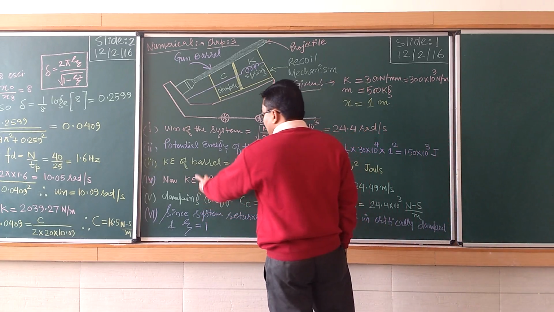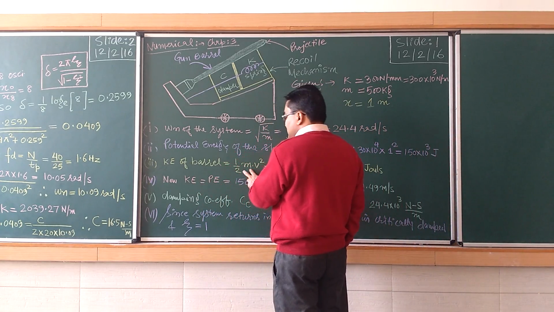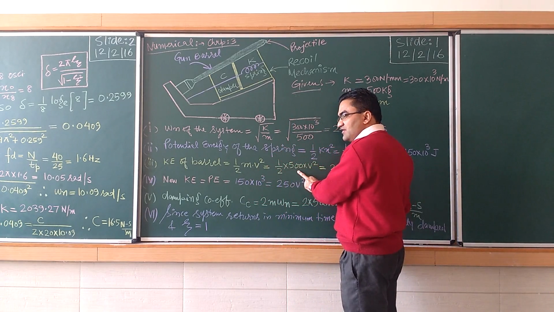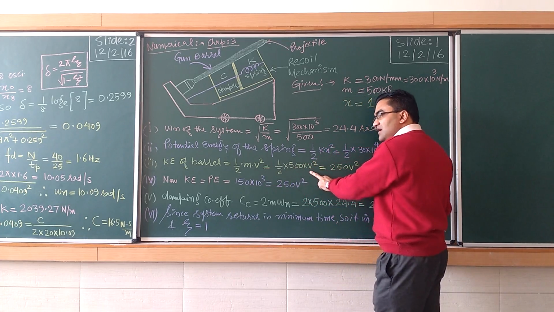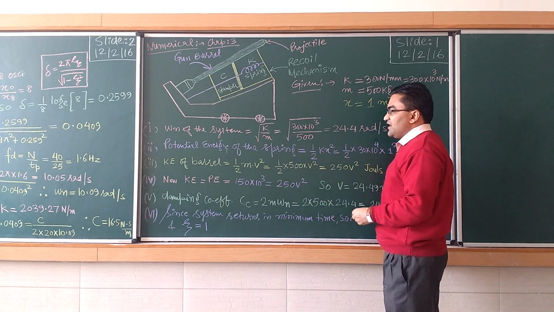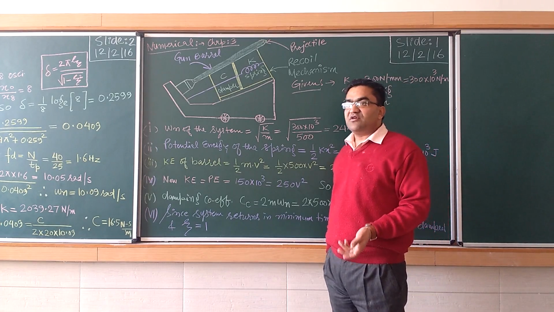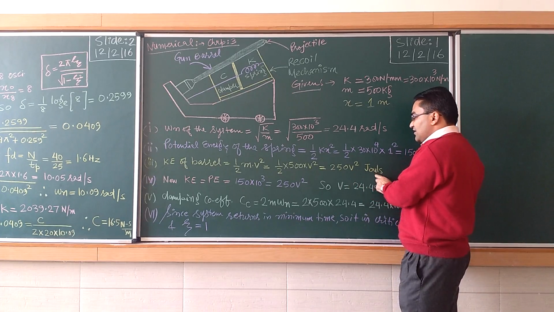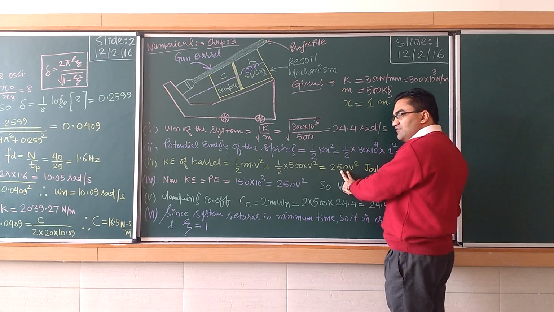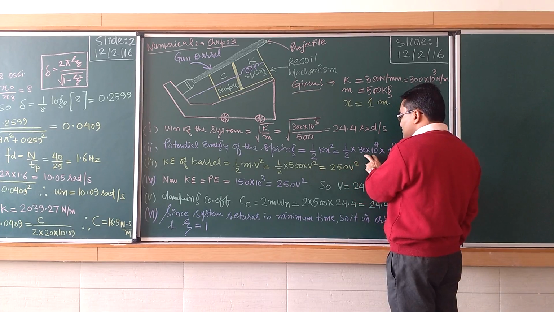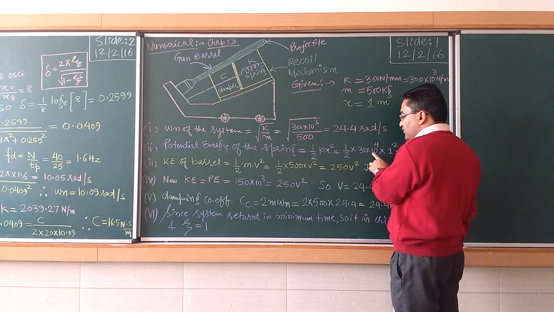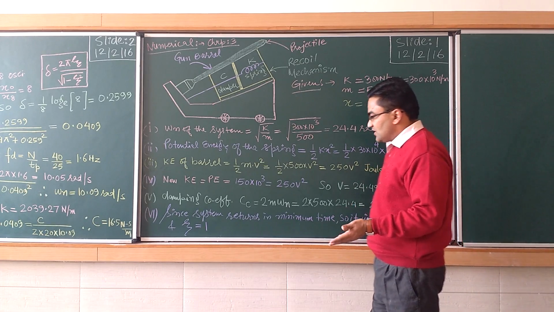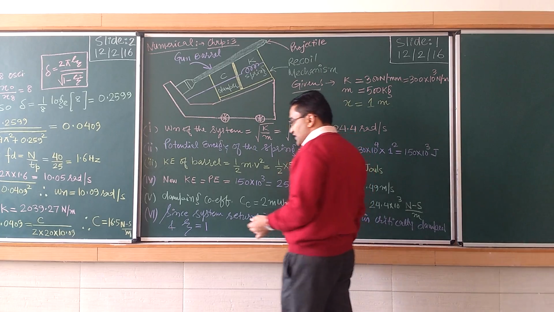Next point, the kinetic energy of the barrel is given as half of mv square. Half into m, which is 500, and v as it is. We have to find out the kinetic energy of the barrel also. So 250 v square joule. This is the velocity of the barrel, and this is the kinetic energy. Both the energies should be equal so as to keep the system in equilibrium.